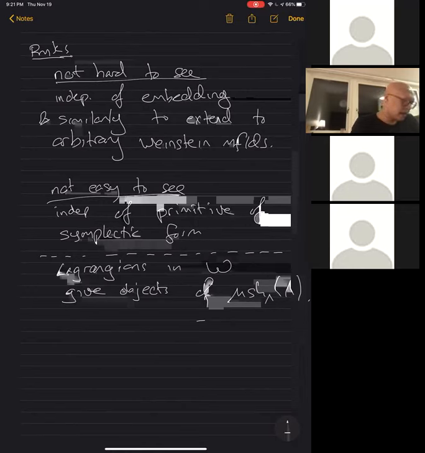And so the kinds of things we would like to know about it is that it's a symplectic invariant, and that Lagrangians give objects, which is what makes the Fukaya category useful for geometry.